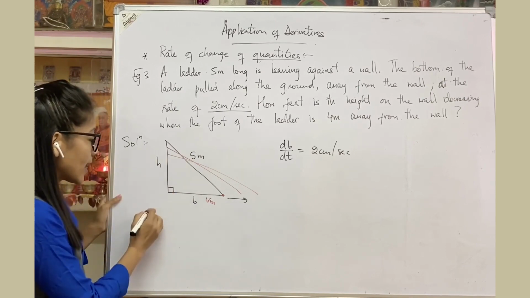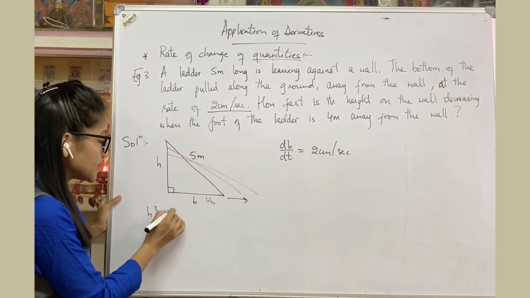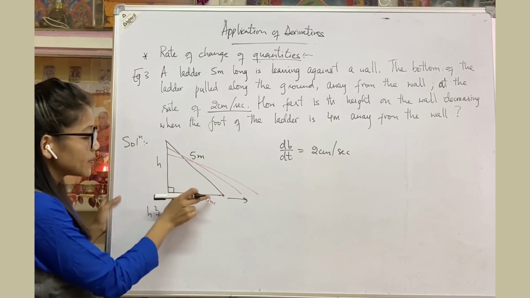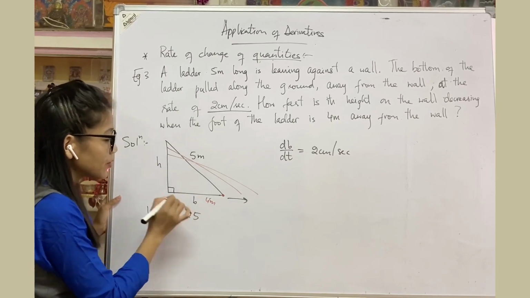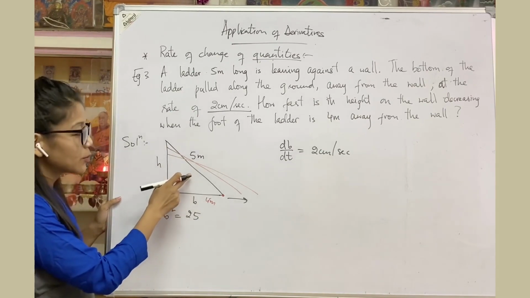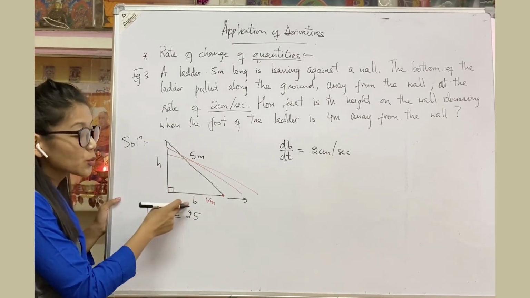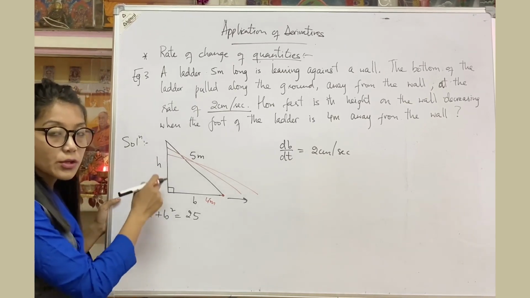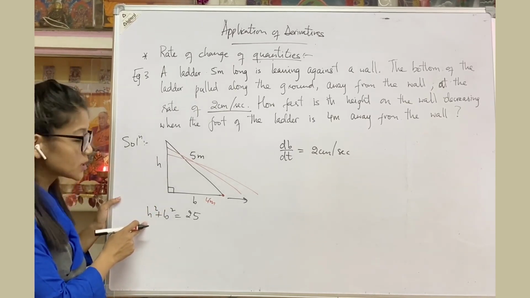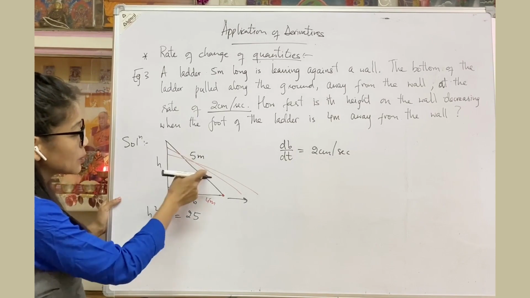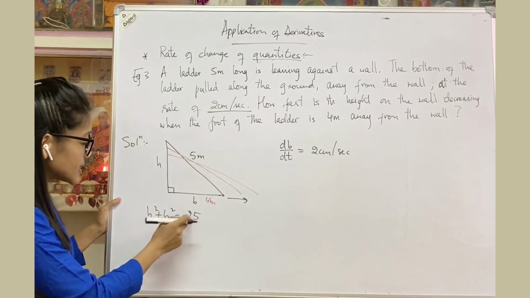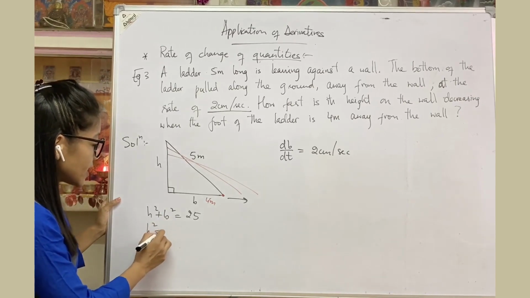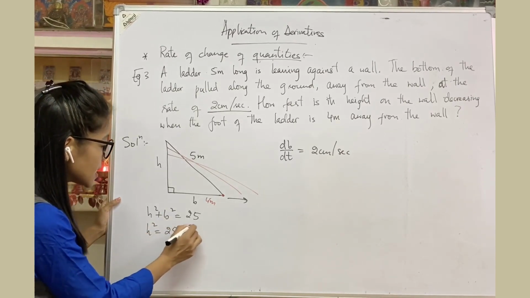So we have h square plus b square equals 25, that is height square plus base square equals hypotenuse square. Here h is the height of the wall, so don't get confused with hypotenuse. The hypotenuse is 5, so that is 25. Therefore I can write h square equals 25 minus b square.